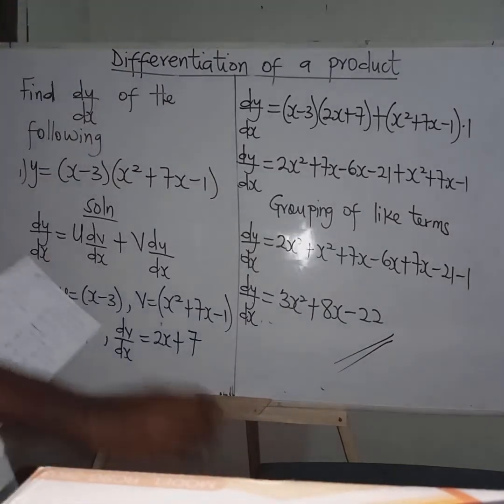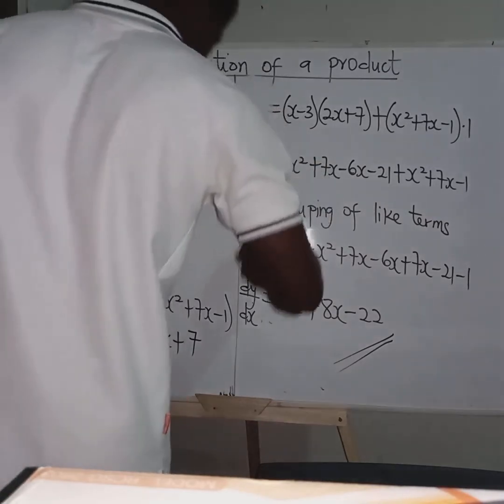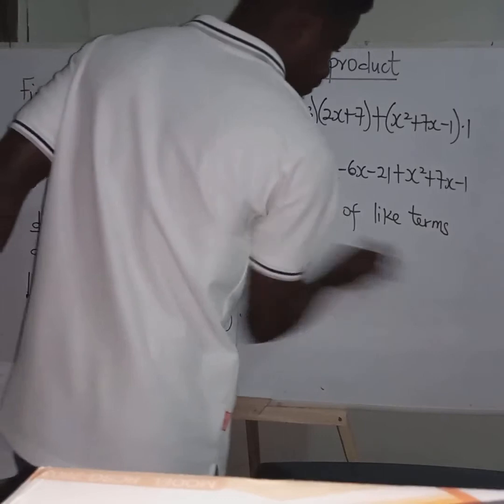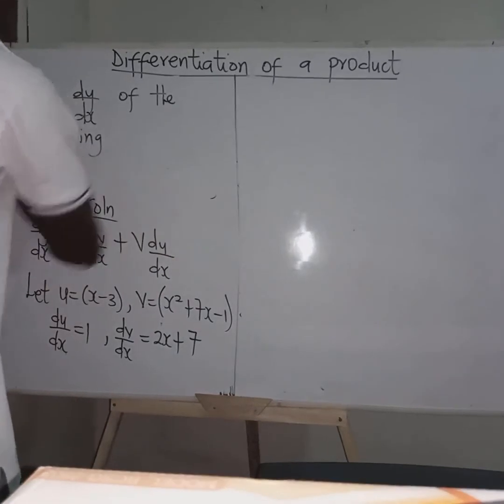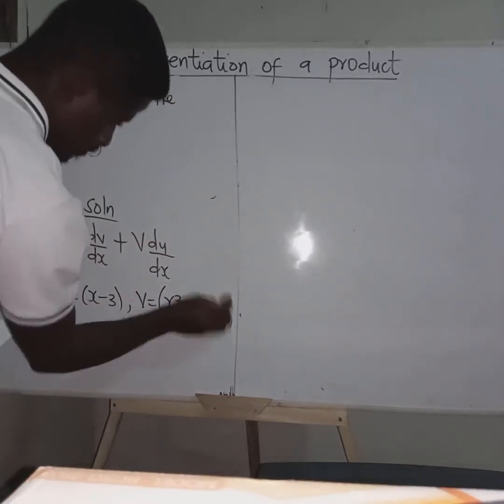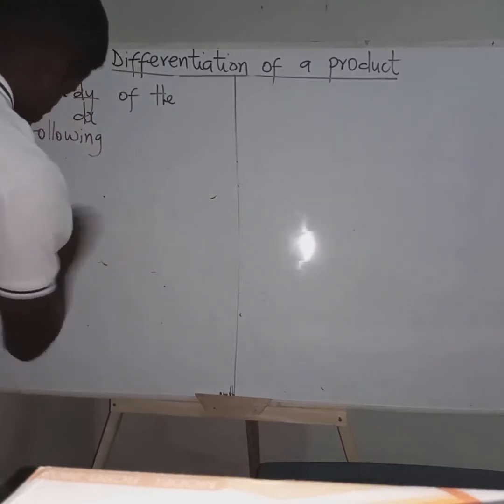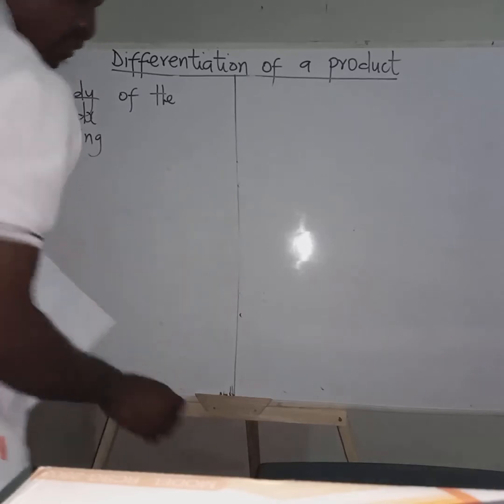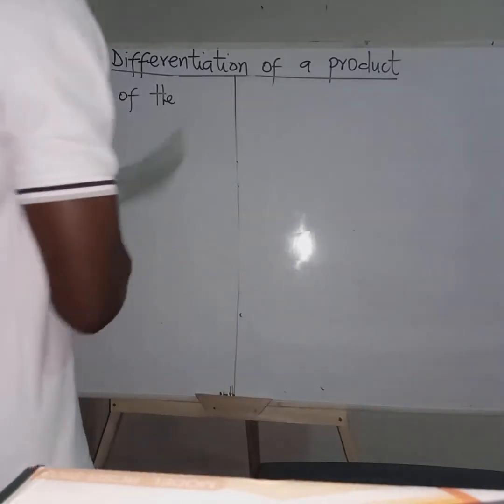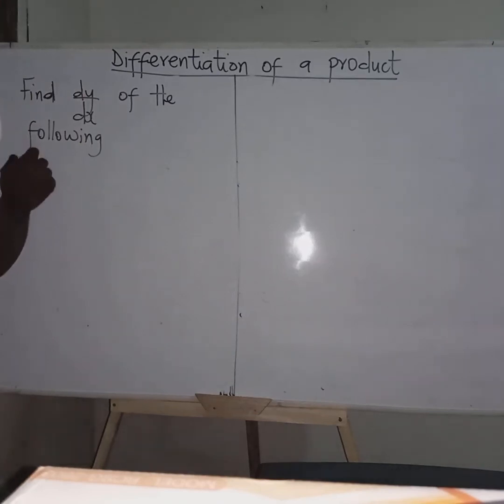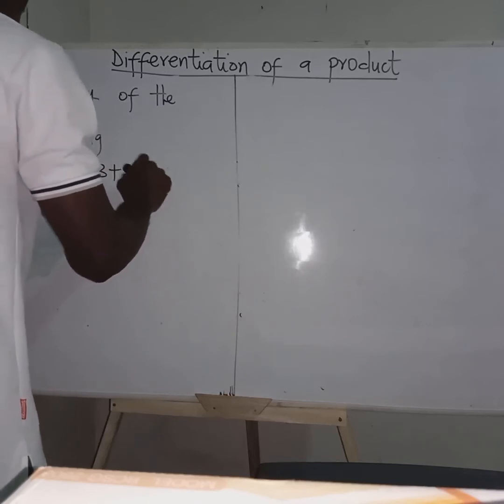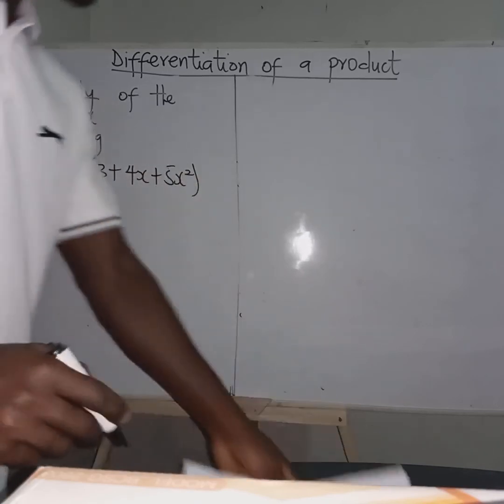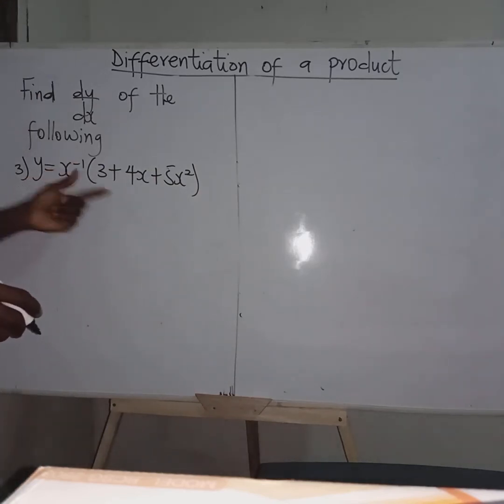Our third example. In this example, you can see that x exponent negative 1 is multiplying whatever is in the bracket.